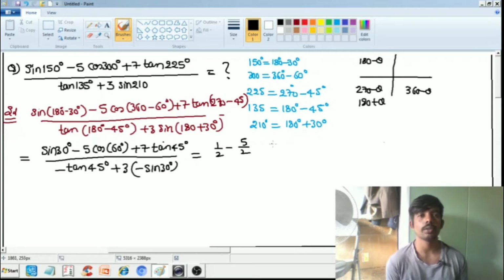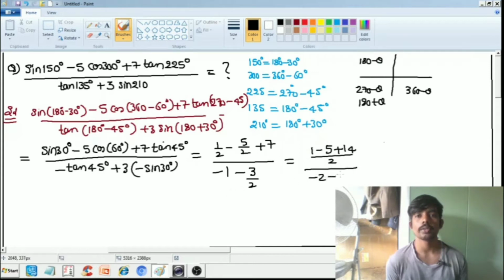minus cos 60 value, also 1 by 2, into 5 is 5 by 2, plus tan 45 value is 1 by minus 1, minus 3 into 1 by 2 is 3 by 2. So do LCM: 1 minus 5 plus 14 by 2, all divided by minus 2 minus 3 by 2.